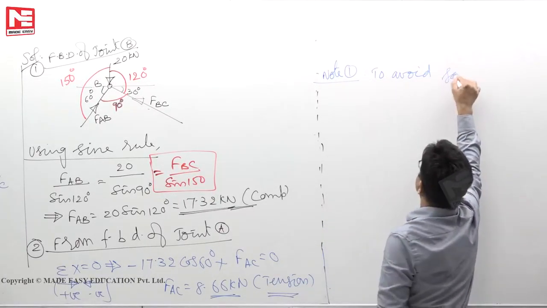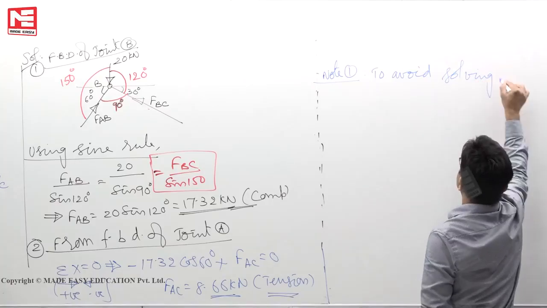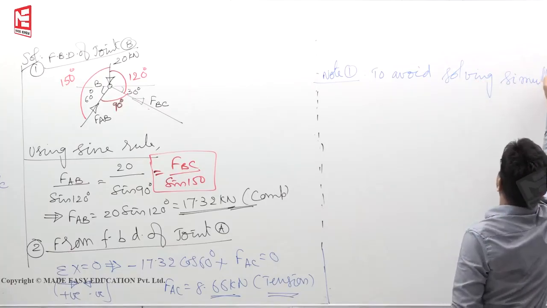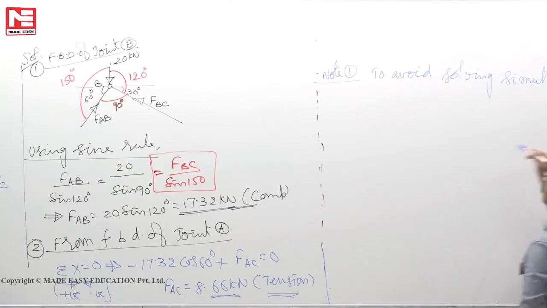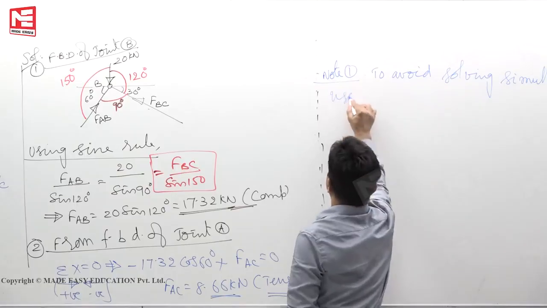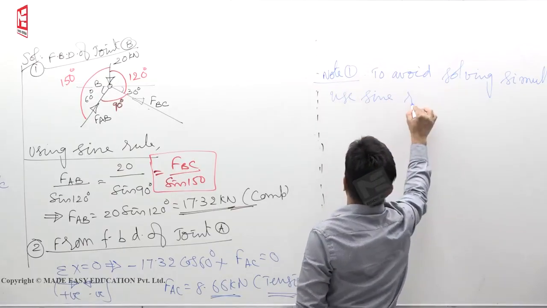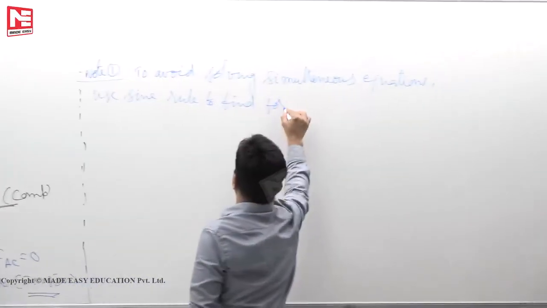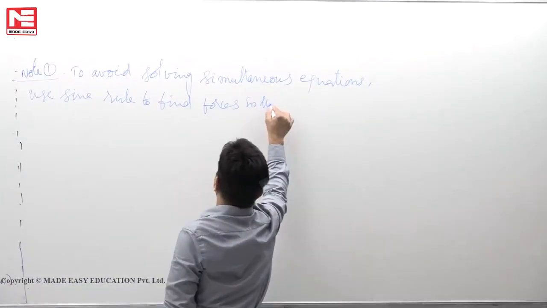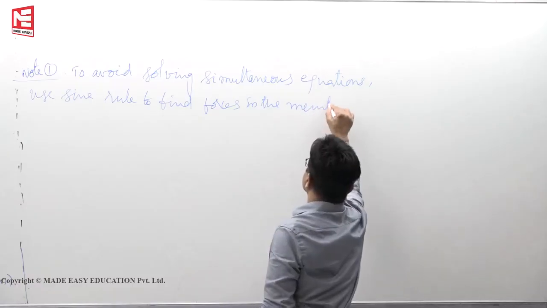To avoid solving simultaneous equations, use the sine rule to find forces in the members quickly.